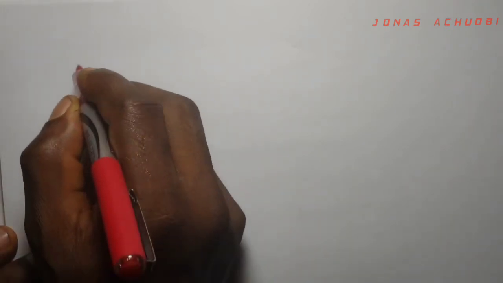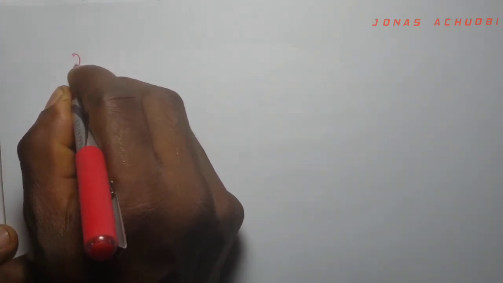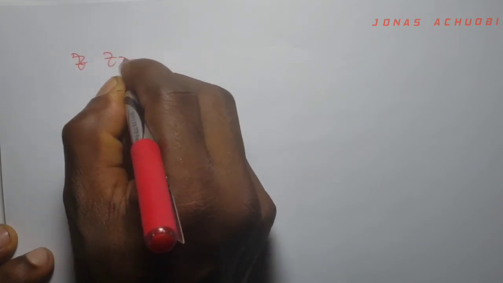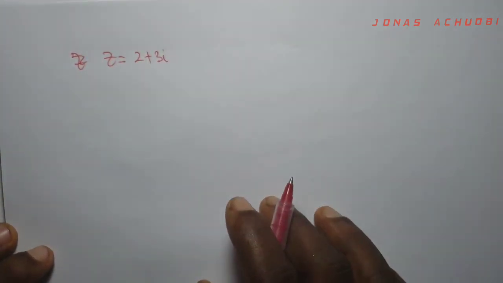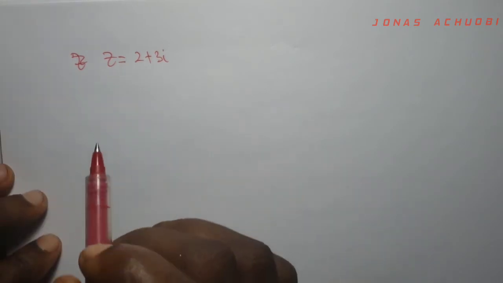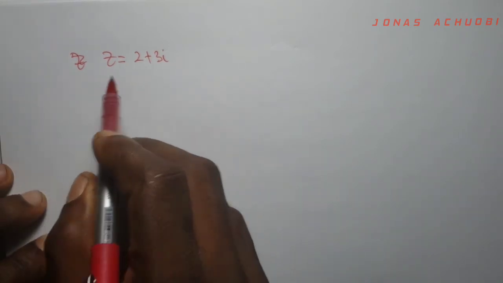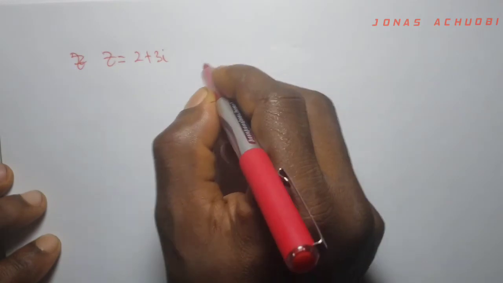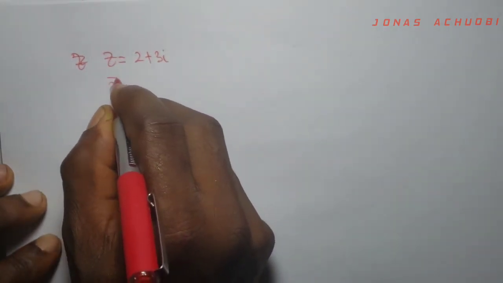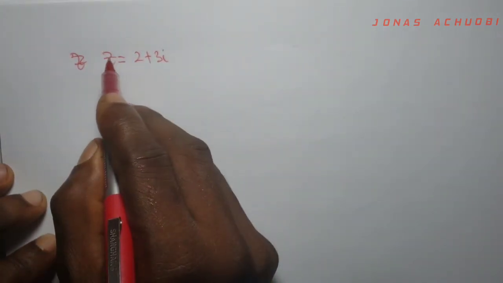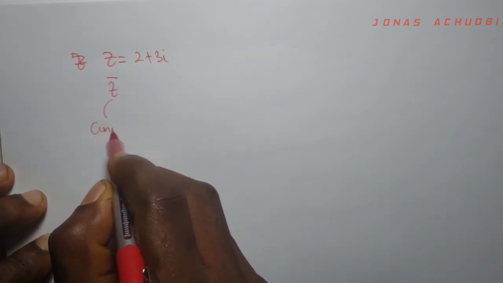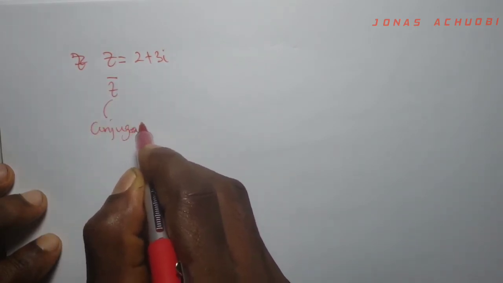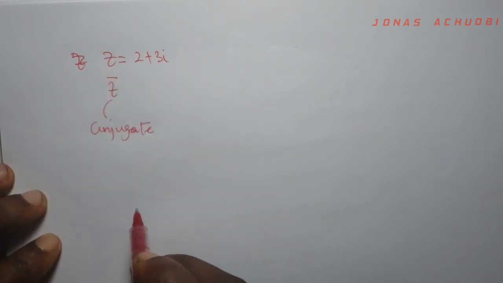For instance, we have a complex number z equal, say, 2 plus 3i. There's another complex number that relates with this, which we denote as z bar. So if z is a complex number, then z bar is called the complex conjugate of the complex number z.